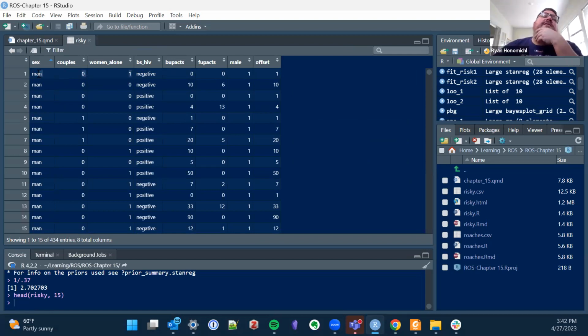Wait, because that means the woman is in a counseling session, or excuse me, the man is in the counseling session. No, the woman is, but the man is not. He's still being asked in the post treatment survey about these unprotected sex acts, right? Okay.